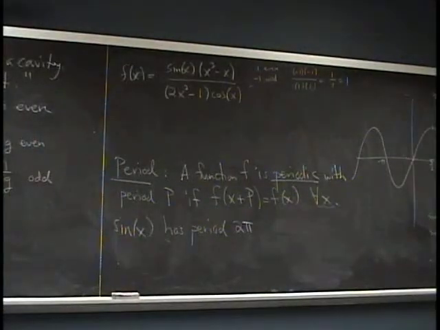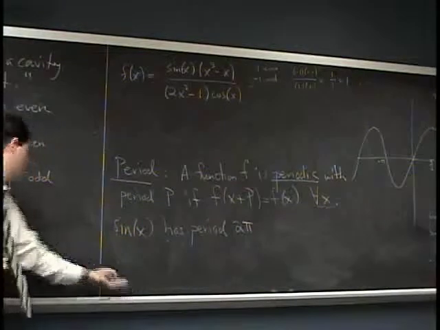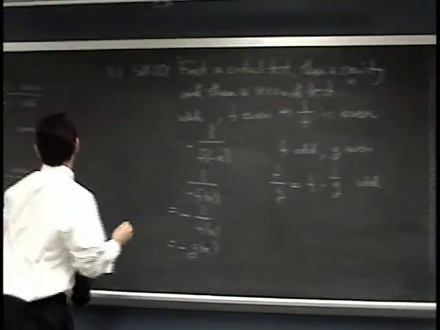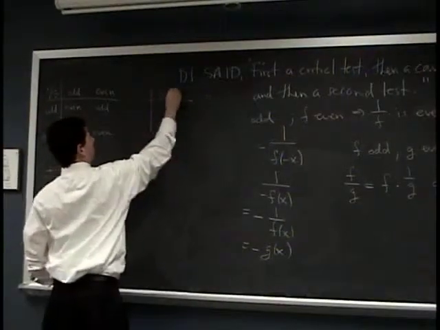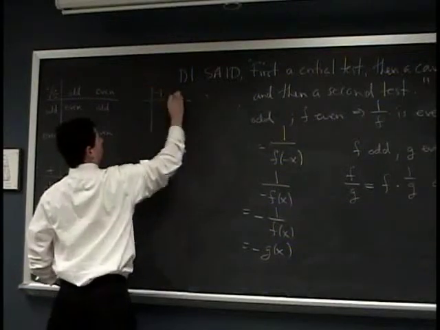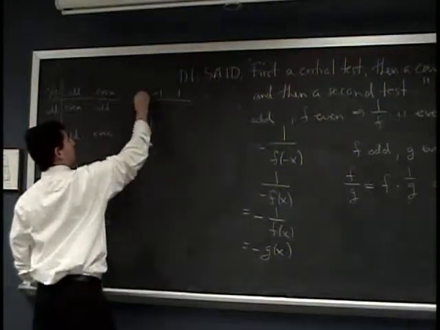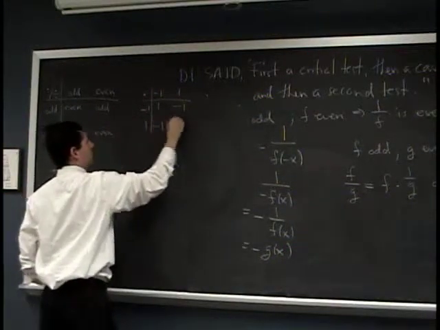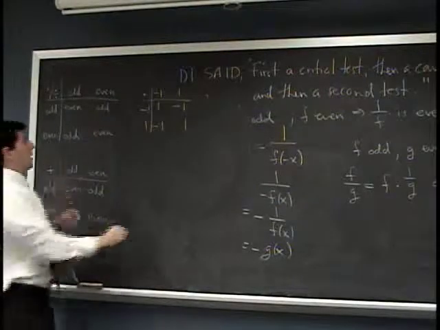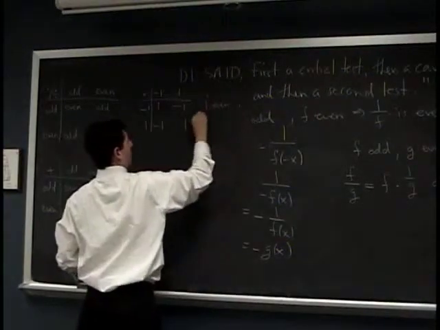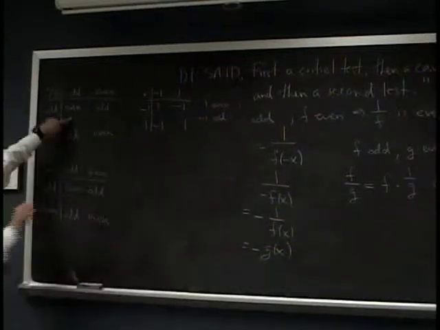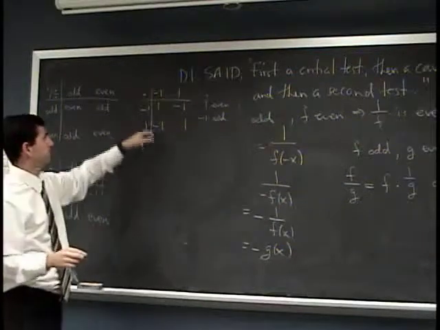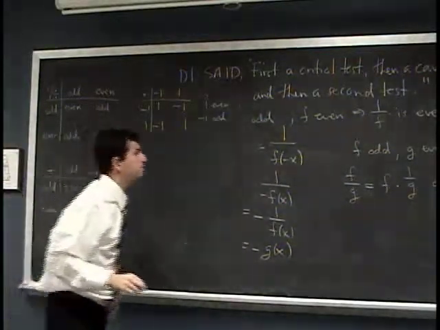So a different table that you could draw out for this is the table 1, minus 1 for multiplication, where you get 1, minus 1, minus 1, 1. If you identify 1 with even and minus 1 with odd, then you see you get the same table. It's a nice group of order 2.